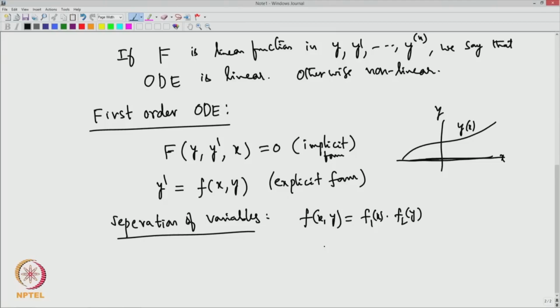So I have a nice form, and if it is in this nice form, I can easily solve. So your equation is dy/dx equal to f1(x) into f2(y).